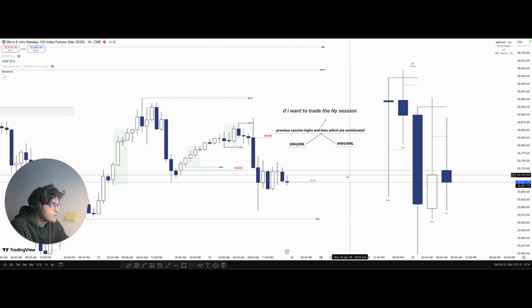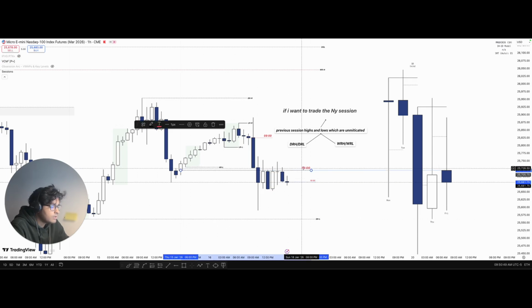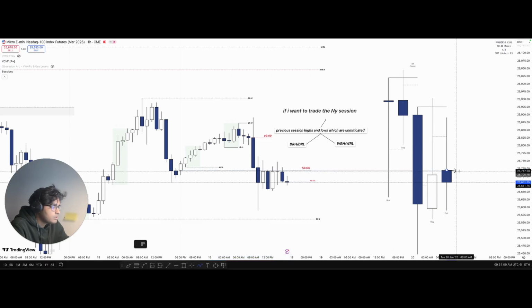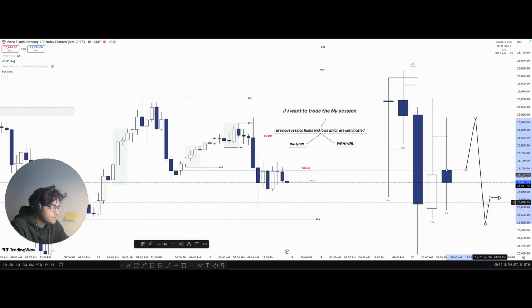So in this case, when the midnight opens, which is at 6 p.m. New York time, also known as 1800 if we convert to UTC, if I want the price to go towards this London low, I would want the daily candle to open, manipulate higher, and then go towards my original drawn liquidity, right?